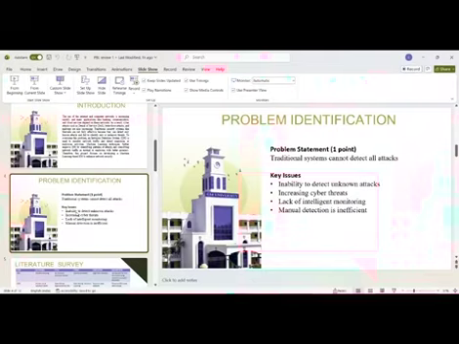In the traditional method, can it give high or medium accuracy? What is the accuracy compared to model-based IDS or traditional IDS? What will be the accuracy for the traditional method?